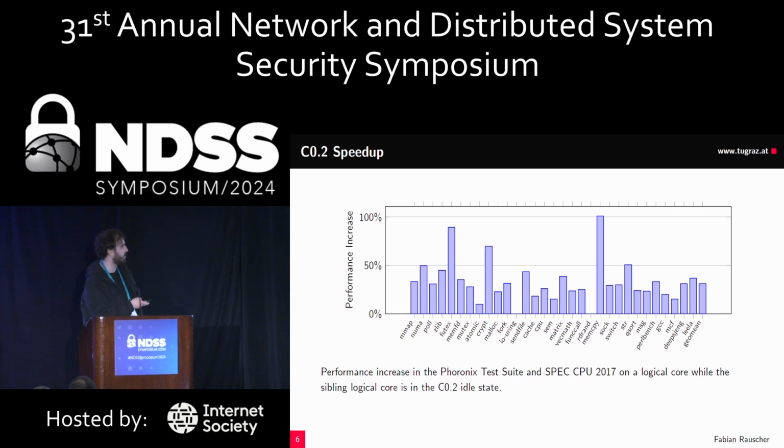For a few benchmarks, there was no difference, like io_uring and RDRAND. But for some benchmarks, there were significant performance improvements, like memcpy here, basically 100% faster. Overall, there are a lot of performance improvements. So C0.2 is great. We should probably use that.